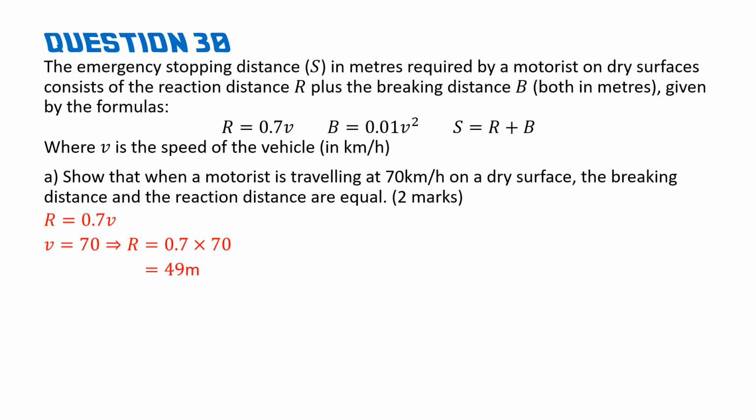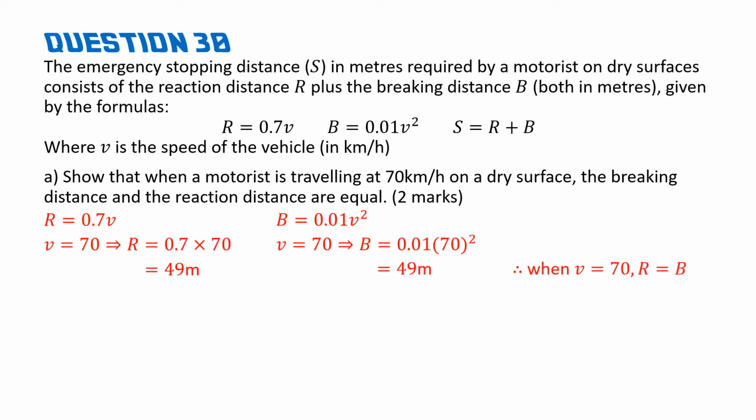The other thing we know is that our braking distance B is equal to 0.01 times V squared. Again, we substitute in V of 70, and that equals 49 meters as well. So therefore, when V is 70 kilometers per hour, our reaction distance and our braking distance are equal.